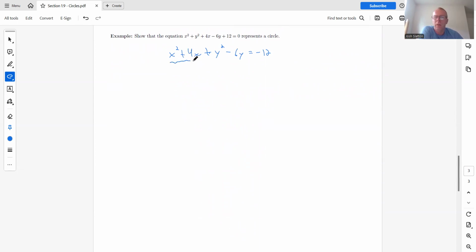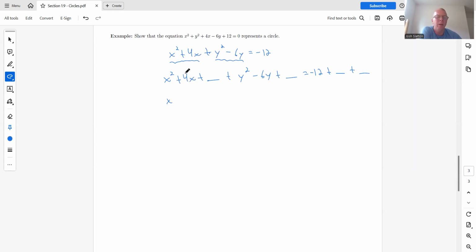So complete the square on those two, complete the square on those two. So x squared plus 4x plus something to complete the square, and then y squared minus 6y plus something to complete the square. And then we're going to add both of those over on this side so the equation stays equal.